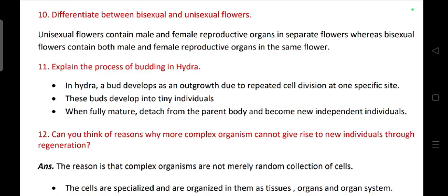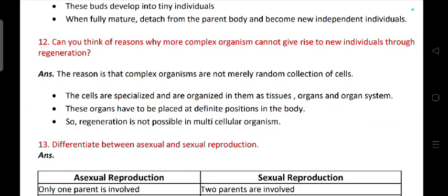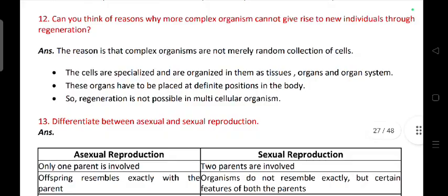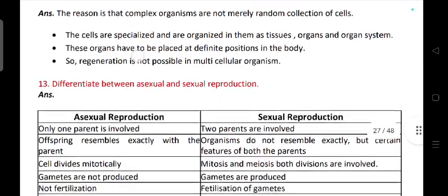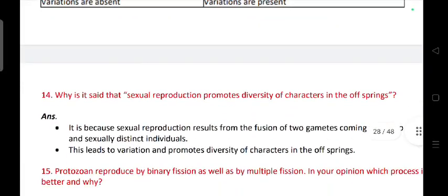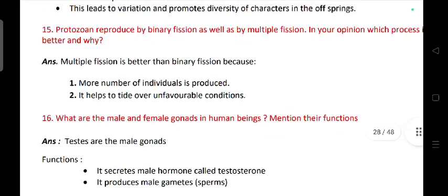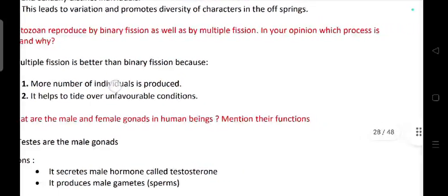Explain the process of budding in hydra. Can you think of the reason why more complex organisms cannot give rise to new individuals through regeneration? Then difference between asexual reproduction and sexual reproduction. Why is it said that sexual reproduction promotes diversity of characters in the offspring? Protozoans reproduce by binary fission as well as by multiple fission.